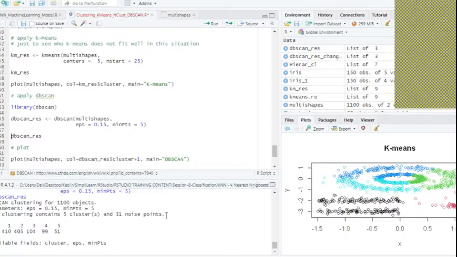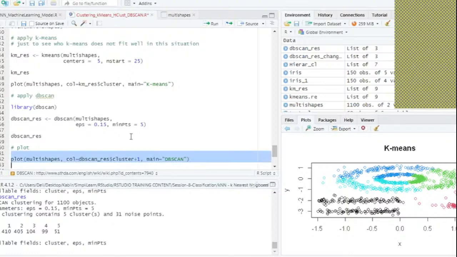So DB scan has also come up with 5 clusters, line number 255 and 56, and 31 noise points, right? So there are 31 noise points that DB scan has come up with.